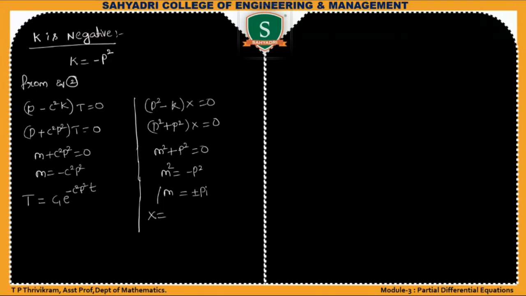When my roots for m are complex, how to write the solution? C1 cos px plus C2 sin px. So here C2 we have to write. C2 already used, so C3 sin px. Okay, so this is the solution.